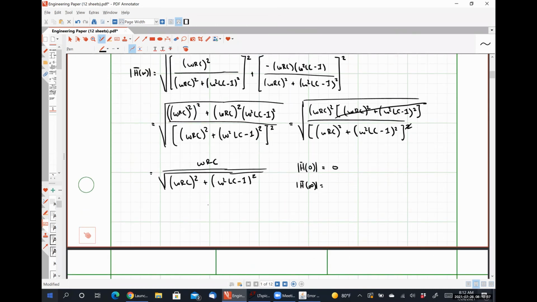Our numerator is going to be infinity, and then we're going to have the square root of infinity squared plus another infinity squared, which would be infinity over the square root of twice infinity squared.